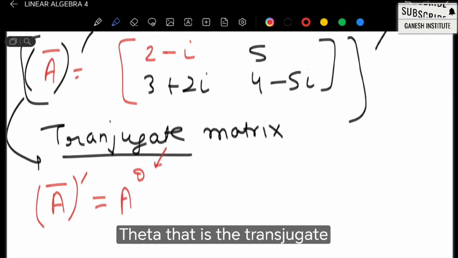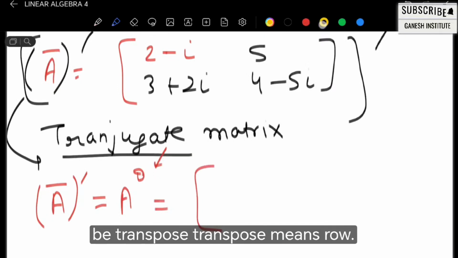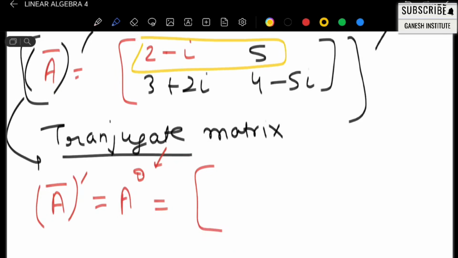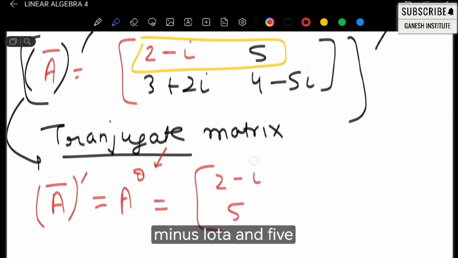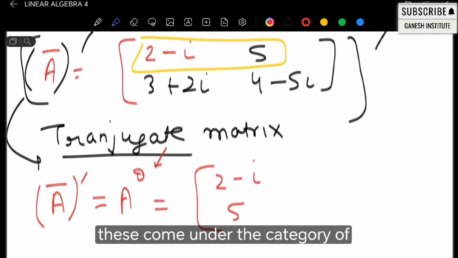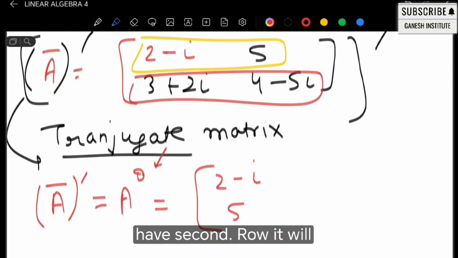So what will it be? Transpose means rows have to be converted into columns. So the elements 2 minus iota and 5 come under the category of column elements. And then we have the second row, it will become the second column.